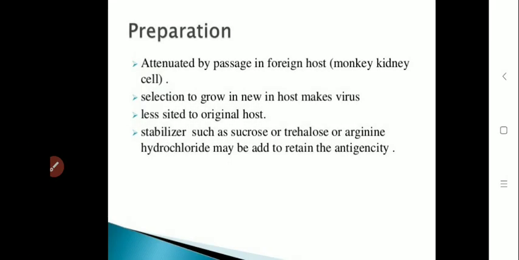Here this host helps to grow the viruses but to lose their virulence power. During this process, different types of stabilizers such as sucrose or trehalose or arginine hydrochloride are added, which helps to maintain the antigenicity of viruses.